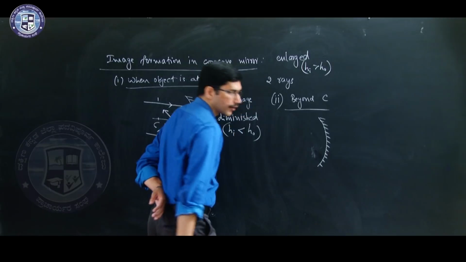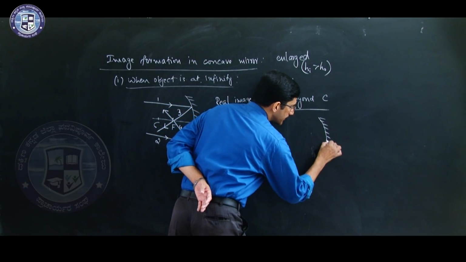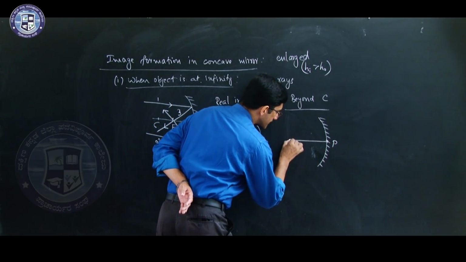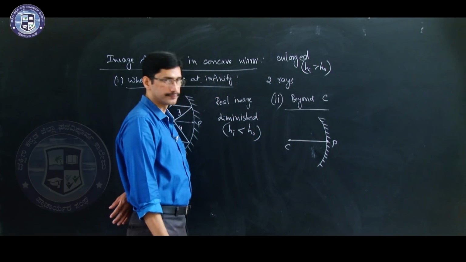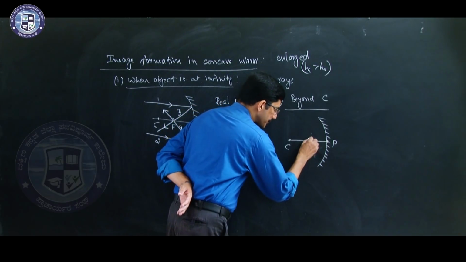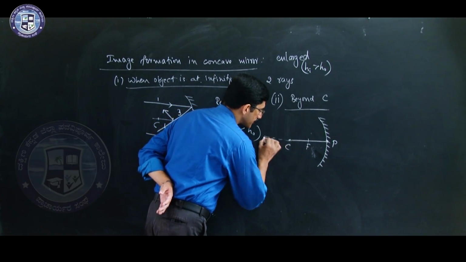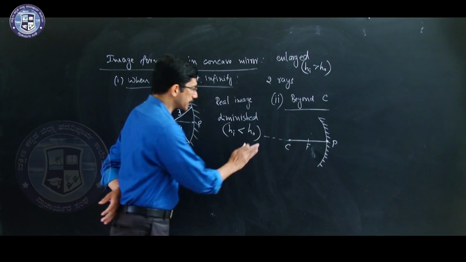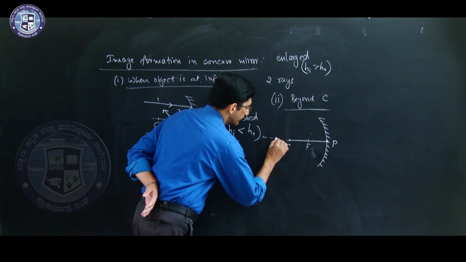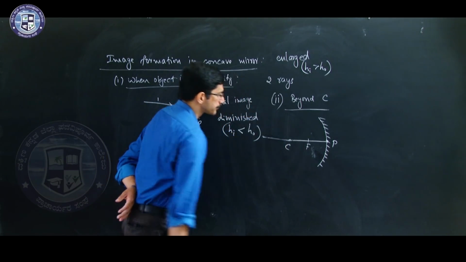This is a concave mirror, and here is the pole and the center of curvature. The midpoint of this becomes the focus, and this straight line passing through the center of curvature and the pole is nothing but the principal axis.